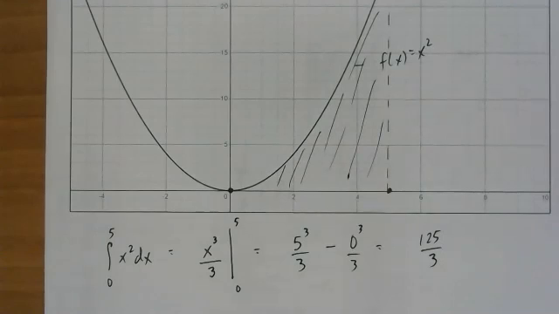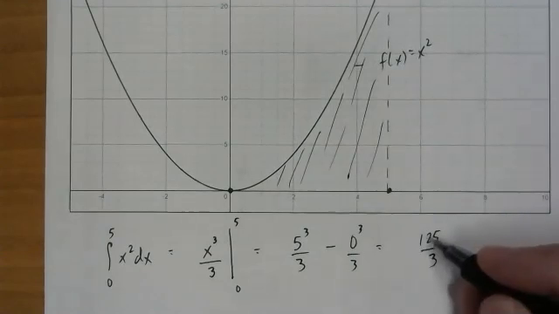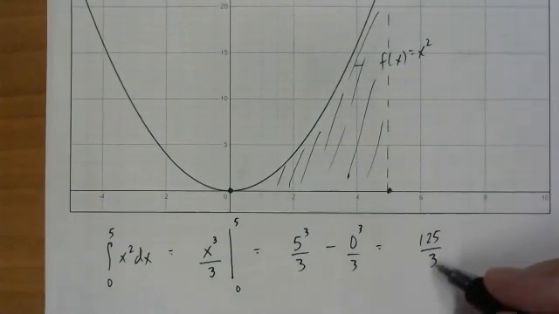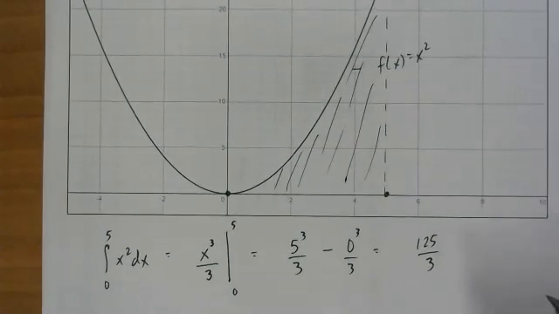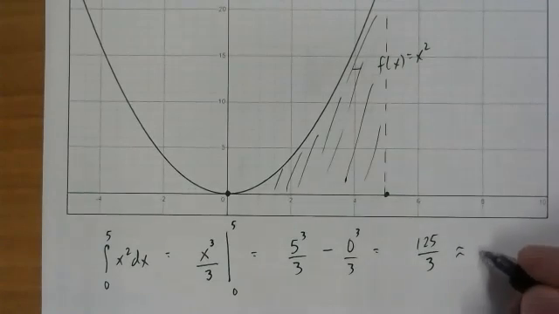Now 3 does not go into 125. So if they want an exact answer and don't want you to round off, that might be your answer. But other times they will tell you to round off to like 2 or 3 decimal places. So if I actually divide this out, 41.67.